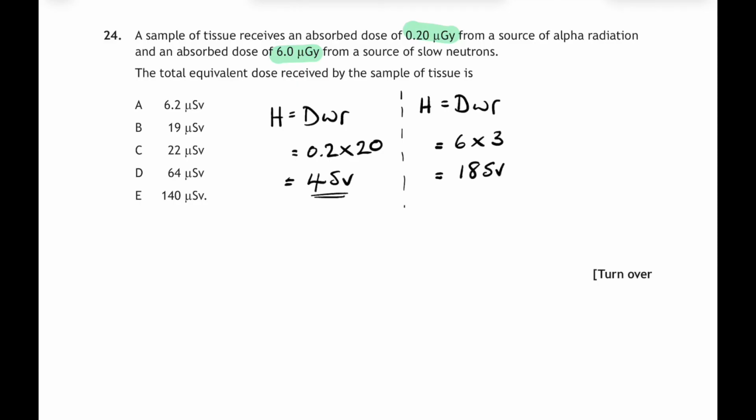That gives us an answer of 18 microsieverts. Let's change the 4 as well, 4 microsieverts. Because the absorbed dose was in micrograys, then our answer for the equivalent dose will be in microsieverts. So if we add the two of them together, 4 plus 18 gives us 22 microsieverts. That corresponds to answer C.